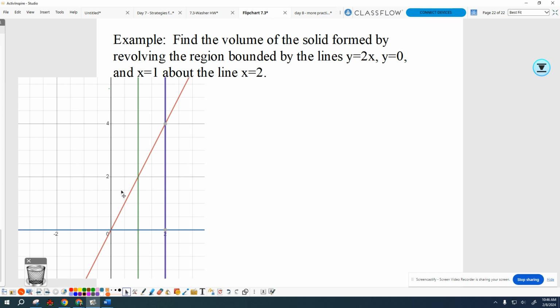Okay, so here's our picture. How many lines does it have to touch? 3? Which 3? y equals 2x, y equals 0, and x equals 1. Okay, so that's red, blue, and green here. But it's spinning around this guy, right?